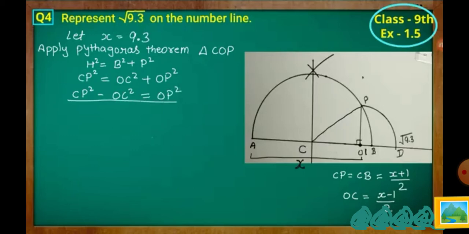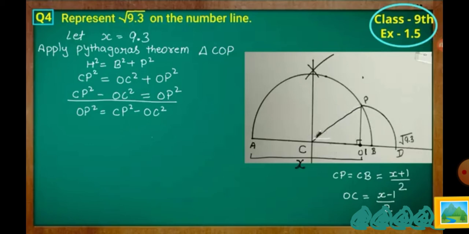Now take this OP square on LHS side. So that is equal to CP square minus OC square. See, our intention is to find out OP. Now find out first what is CP and CB.